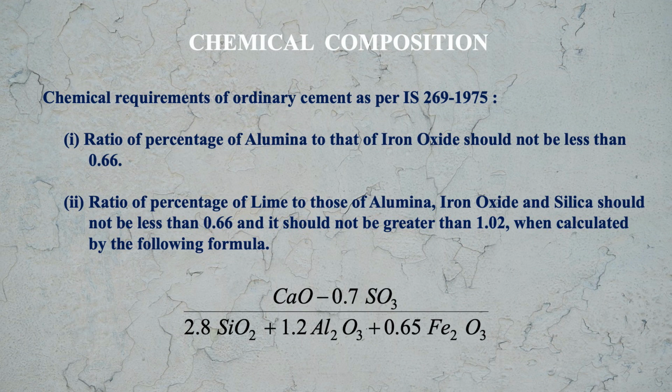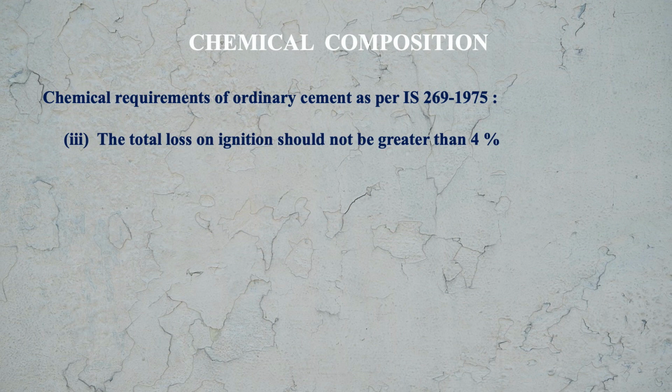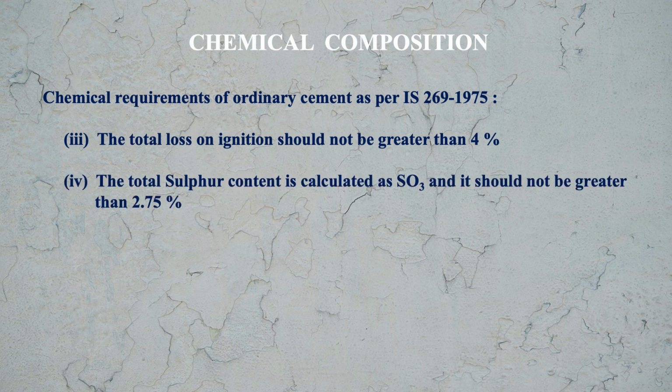So if we are calculating this ratio, then as I told you, this ratio should not be less than 0.66 and should not be more than 1.02. Next is the total loss on ignition should not be greater than 4%. Another requirement is that the total sulfur content calculated as SO3 should not be greater than 2.75%.